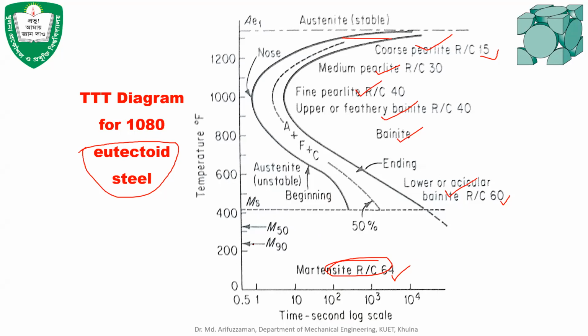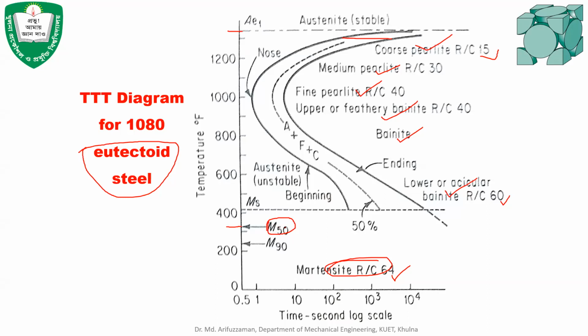Okay, and for martensite transformation, once 100% austenite is formed above this critical temperature, and if you keep that 100% austenitic steel at a temperature of 350, then 50% martensite will be produced.